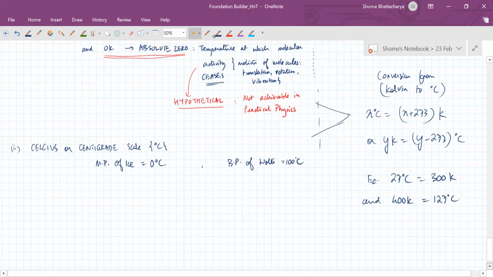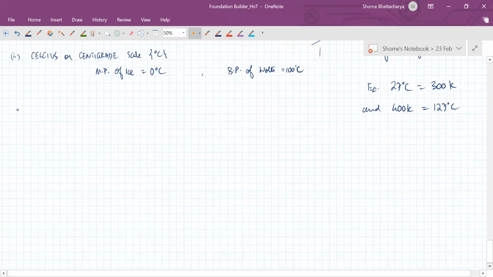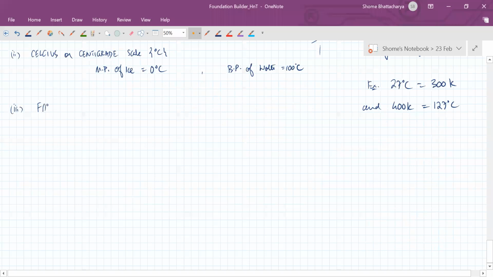Okay, now the third temperature scale is the Fahrenheit scale, which is referred to as the degree F. So in this, the melting point of ice is 32 degrees Fahrenheit, and the boiling point of water is how much?